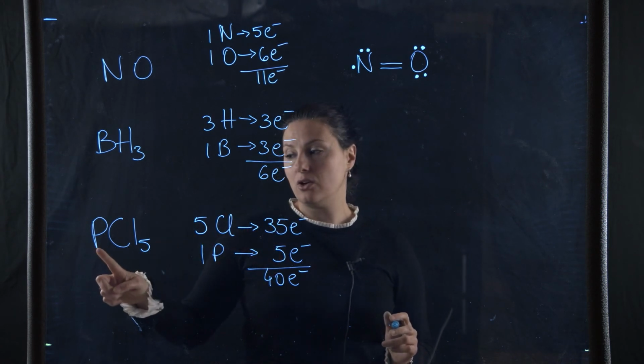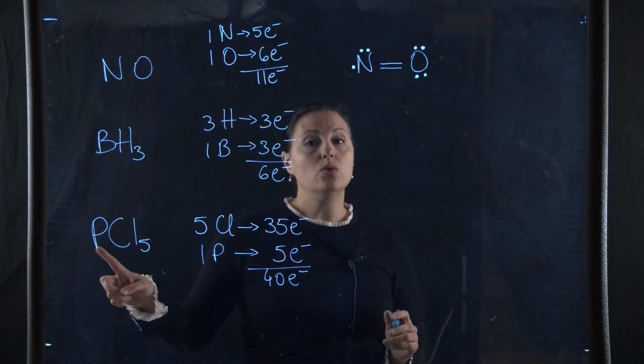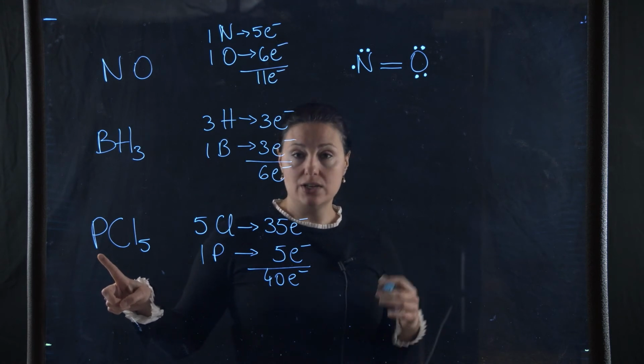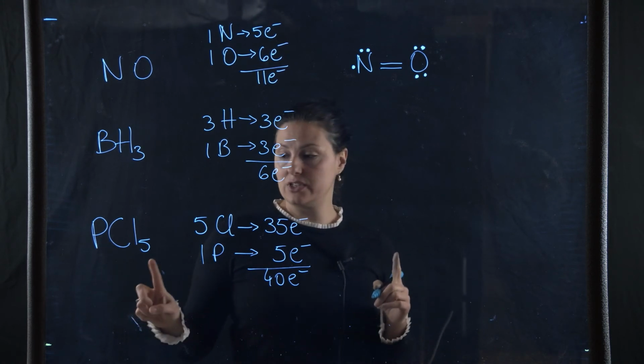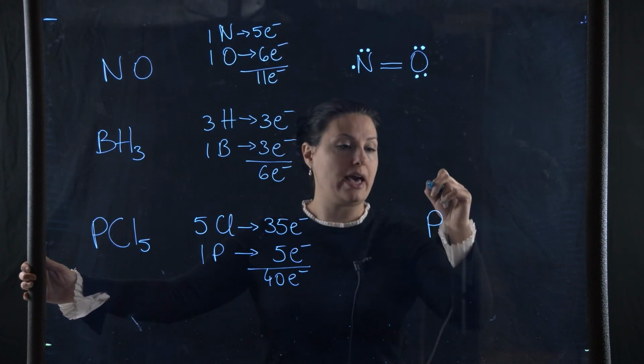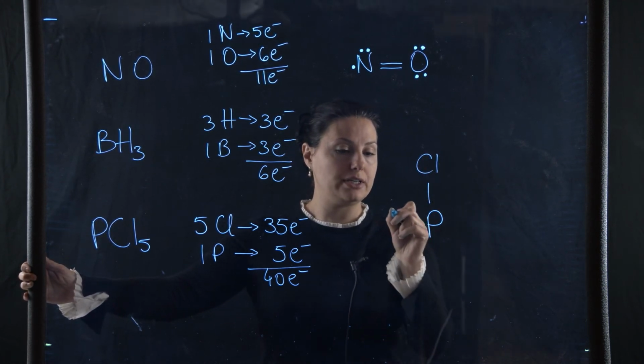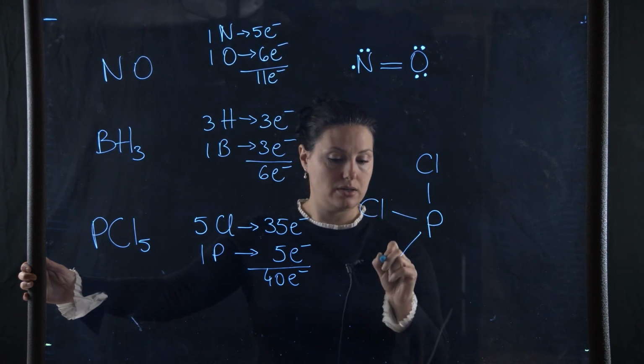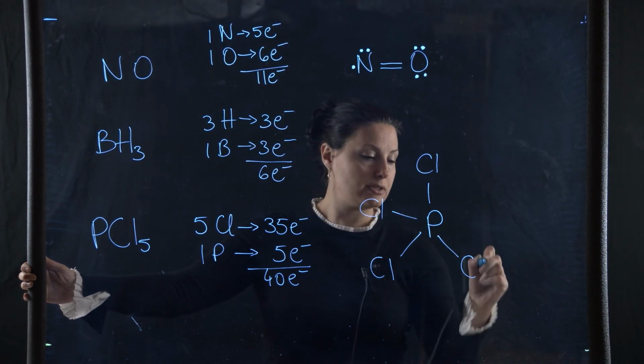Remember that what you have the least of will typically be your central atom, and I have 1 phosphorus and 5 chlorines. So my phosphorus will be the central atom, and all the chlorines will be bonded to this phosphorus.